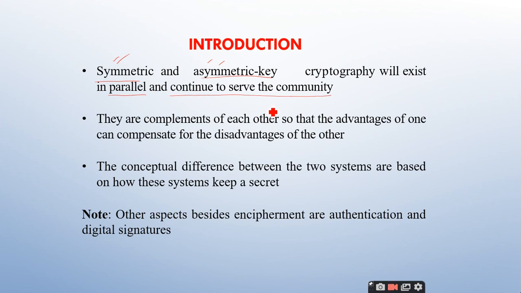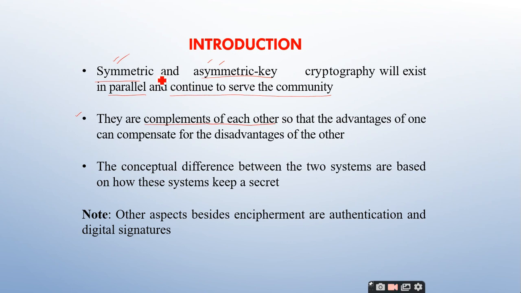You require both of them to have a good cryptography system, or to have a good crypto system. And we can say that they are complements to each other. Very important point. So symmetric and asymmetric key cryptographies are complements to each other.